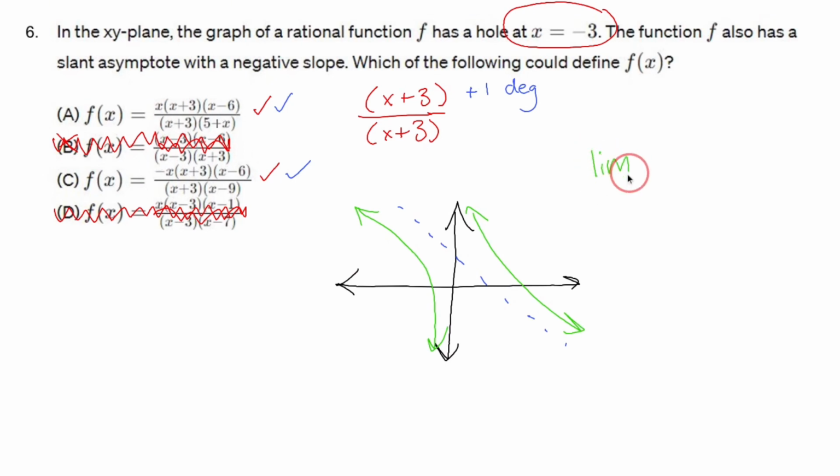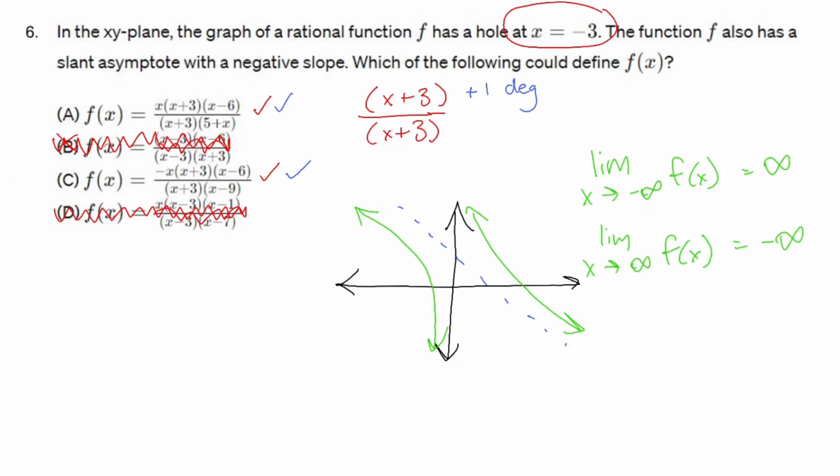The limit as x approaches negative infinity of this graph is going up, so it approaches positive infinity. As x approaches positive infinity, it looks like it's going down and to the right, which means it's approaching negative infinity. So I need to figure out which option has end behavior where negative infinity goes to positive infinity and vice versa.